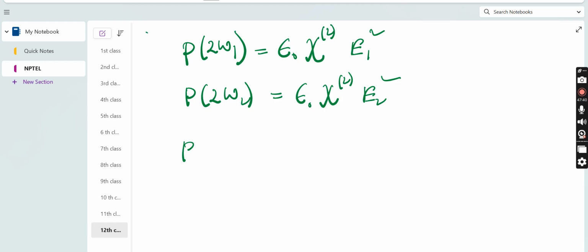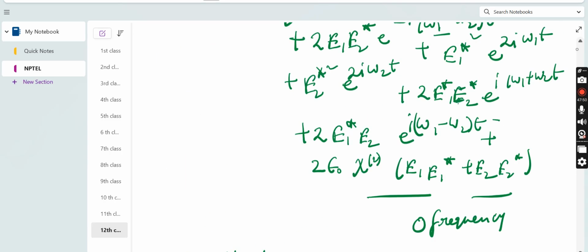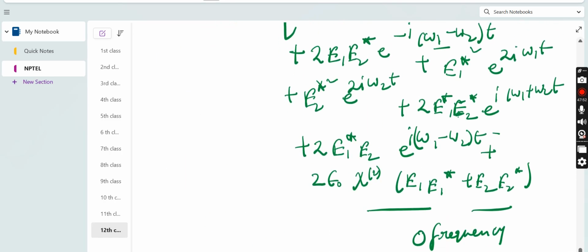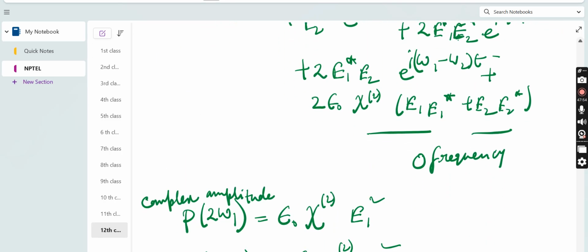And these are the complex amplitudes of each frequency.